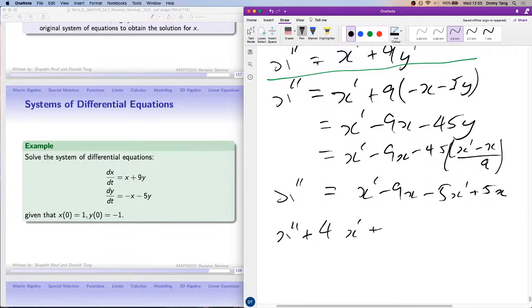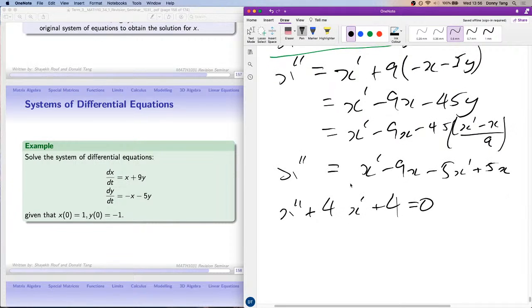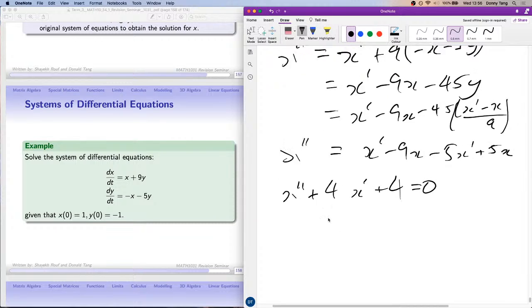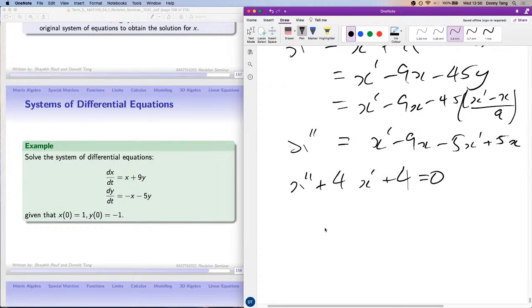Convert it to a quadratic, and so on. What you get after you solve it, let me see, I think I did this already. Here it is.